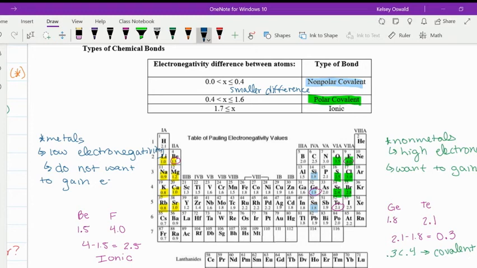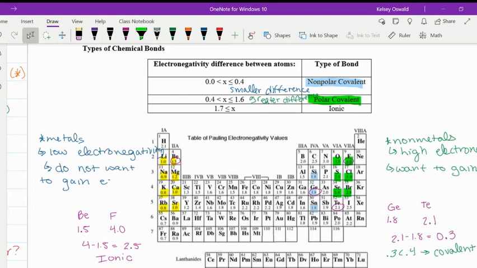If we look at our polar covalent, however, here we have a little bit of a greater difference in our electronegativity. So that means in that covalent bond, one atom or one element is going to have a greater pull or a greater desire on those electrons, okay? And in that case, those electrons are going to lay closer to whoever wants them more.